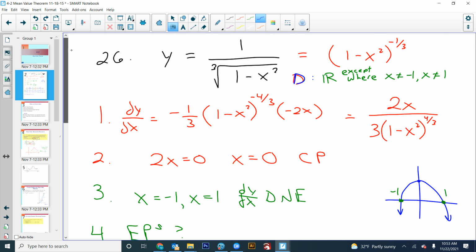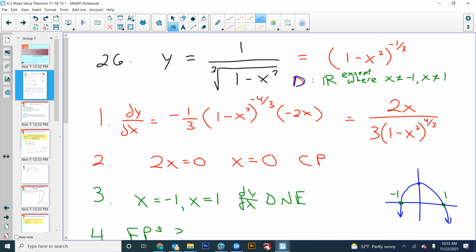But first couple chapters, does this have any horizontal asymptotes? As x goes to infinity, a billion, a trillion, a quadrillion. What's this getting close to? 1 over a huge number.